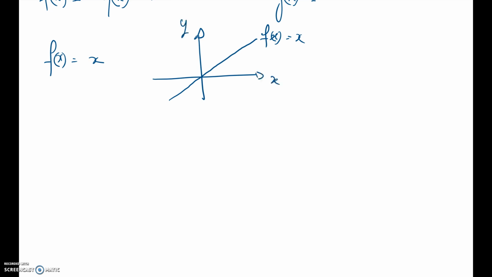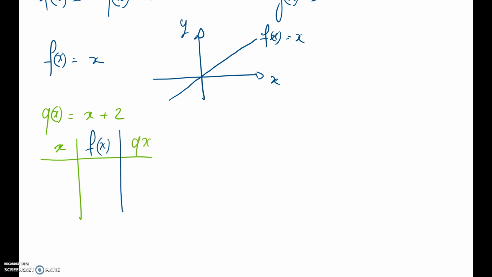Now let's imagine that you want to graph g of x equal x plus 2. When x equals 0, f of 0 equals 0. But when x equals 0, g of 0 equals 2. So on the chart, I'm going to have f of x right here, and g of x right there.